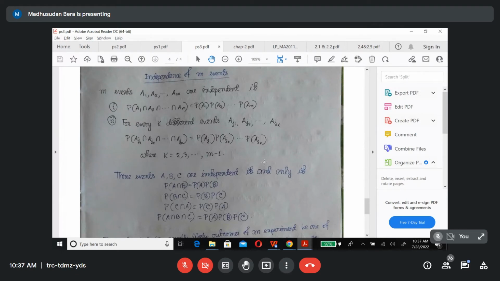That's why it is written as up to m minus 1. If you think of three events, the first condition: A, B, C, P(A intersection B intersection C) is P(A) P(B) P(C). Then before 3 it is 2. Any two events, A B, B C, C A, for those also it is true. That way k varies from 2 to m minus 1. Okay.